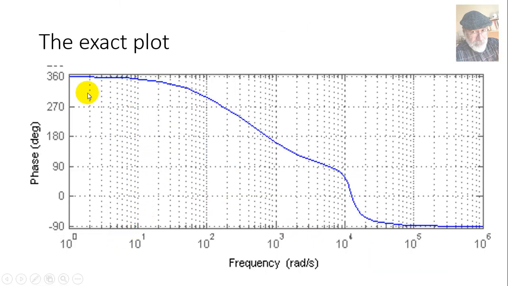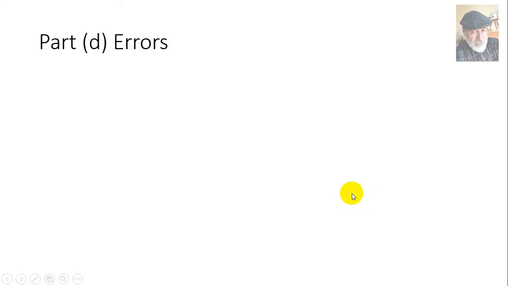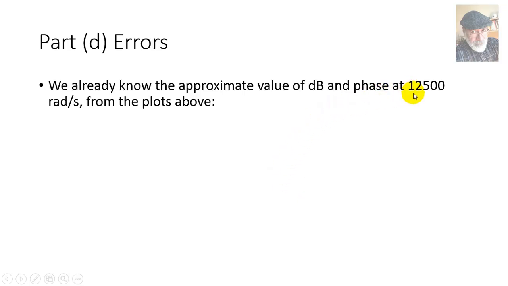This is the graphic. Of course, this is the exact one. That is pretty much like the one we found in the previous slide. Now, part D. Part D was at the frequency of 12,500 radians per second. Find both the approximate value given by the asymptotic Bode plots and the exact value computed from the actual transfer function and compare them.